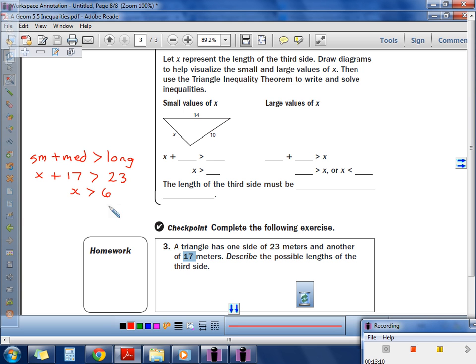Now the other scenario, this is when x is the small piece. What other scenario do I need to test out? When the x is the long piece. So let's plug that in. So we have now 17 plus 23, and then our long piece out there is our unknown this time. What's 17 plus 23?